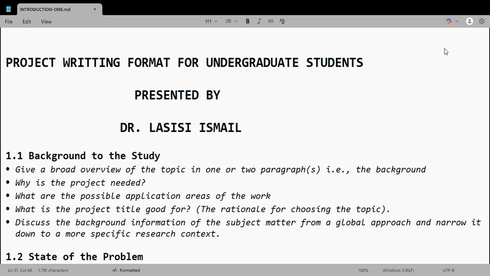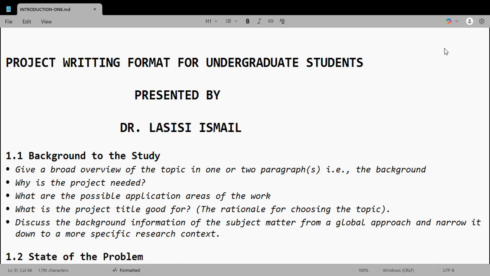We have cryptography, we have the hashing algorithm, we have lots of areas in security a student can leverage on. We also have machine learning, cloud computing, energy optimization, and lots of areas a student can leverage on.